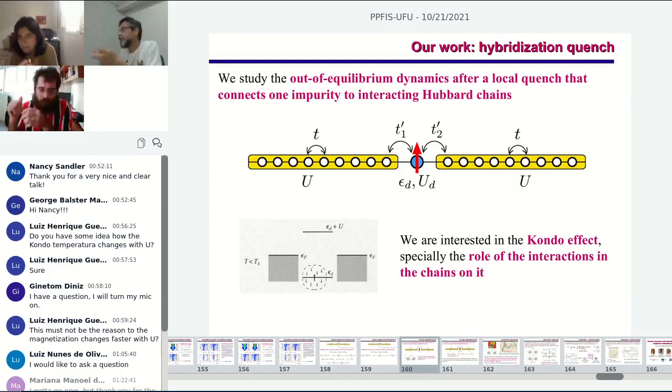He added a charging energy to make it distinct from the other channel. So you could have a much smaller U on one side and a larger U on the other, so that you distinguish the two channels, and then maybe you would get the two-channel Kondo.